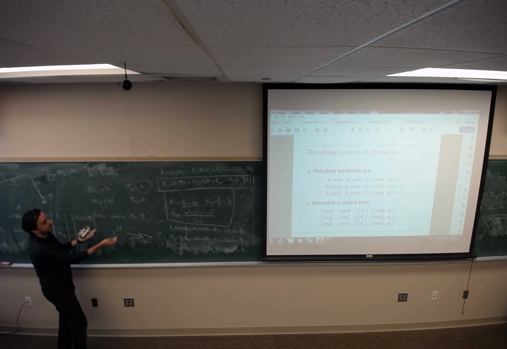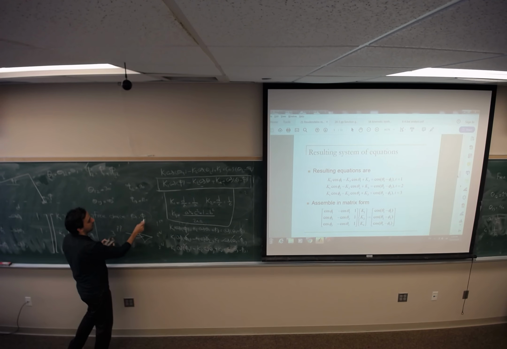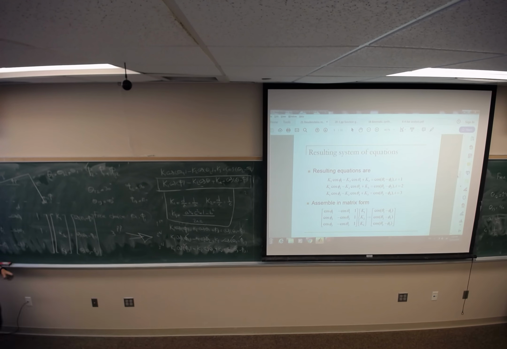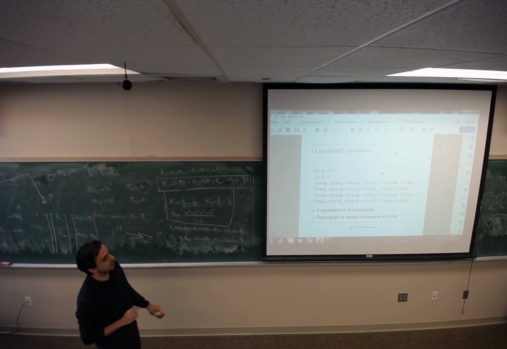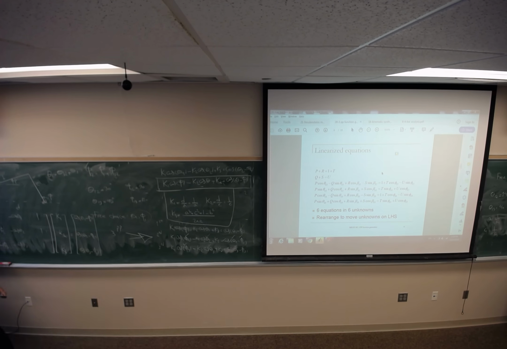What are theta 1 and phi1? Theta 1, phi1. Calculation wise, it's much easier than the previous method because there we had 6 equations with 6 unknowns. Any question on this?